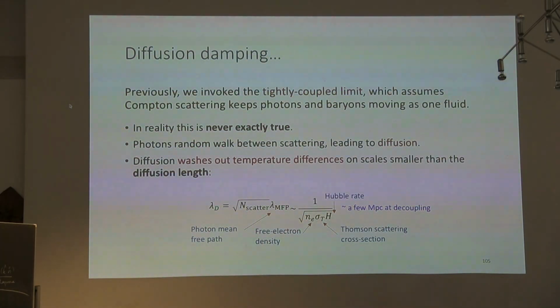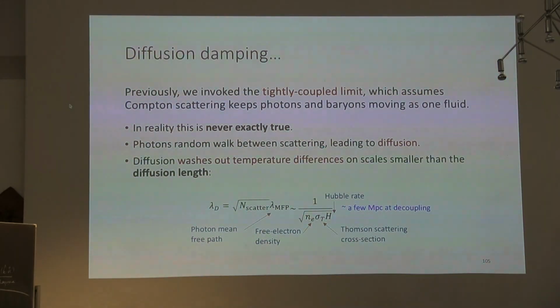And what diffusion does is that it washes out those temperature differences on scales smaller than the diffusion length. Okay? So my photons diffuse from here to there. All the power in the temperature fluctuations is removed on this diffusion length scale. The diffusion length scale you can estimate. It's basically just what's called lambda d, and you take the square root of the number of scattering centers, and you multiply that by the mean free path of the photon.